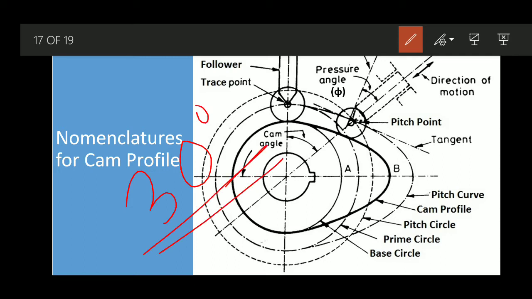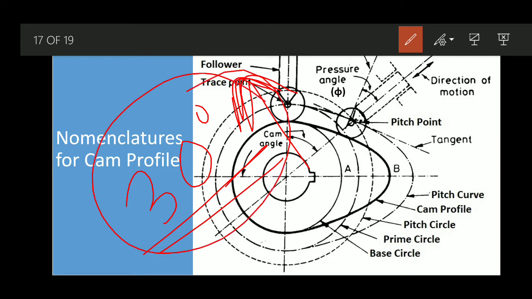If it exceeds 30 degrees, the reciprocating follower generally jams in the guide, which we don't want. That's why in practice we try to keep the pressure angle within 30 degrees. Some variation is there, but generally it's like that.